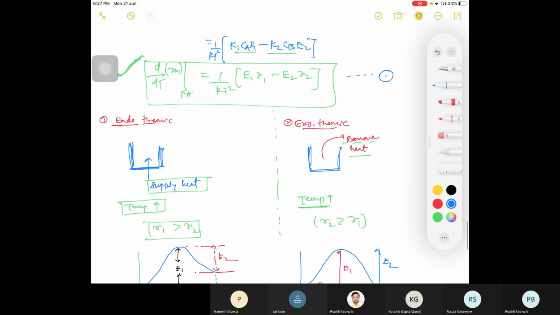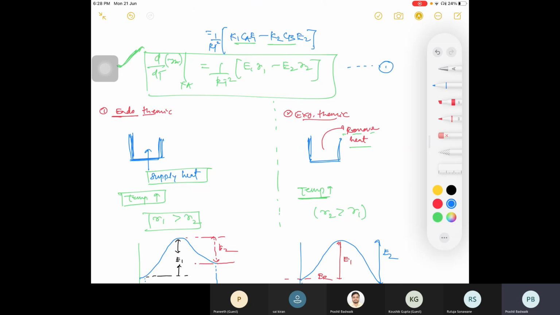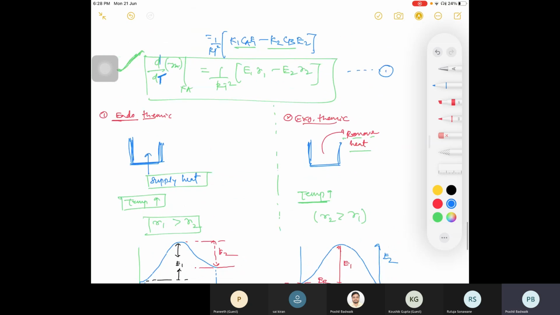Equation 1. For an endothermic reaction, please tell me whether my rate will increase or decrease with respect to temperature change. You have given conditions. E1 and E2 are given, your rate is also given.